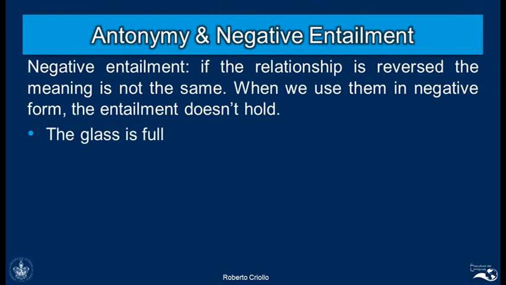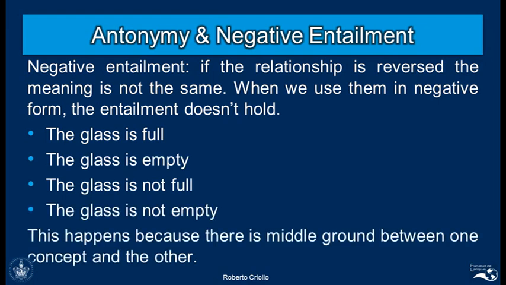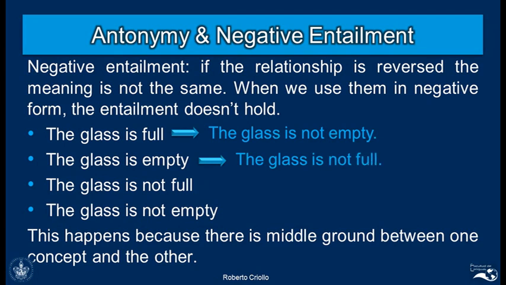We will use the adjectives full versus empty, and we'll have them here in different forms. If we look at the first example, when we say the glass is full, it follows that of course the glass is not empty. And similarly, if we say the glass is empty, it follows that the glass is not full.